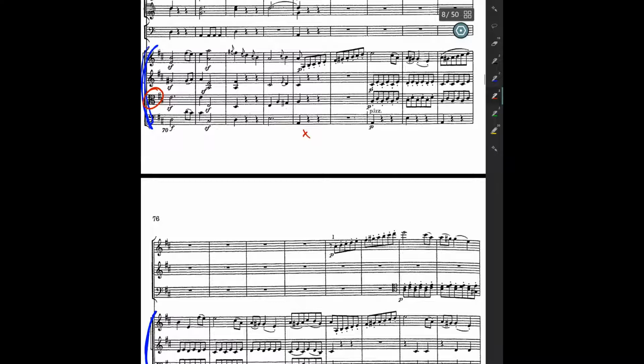And at the beginning of this second theme, we see a fifth, giving us a harmonic root on A. The next measure, we can see a second there, which gives us a harmonic root of E, the upper note.